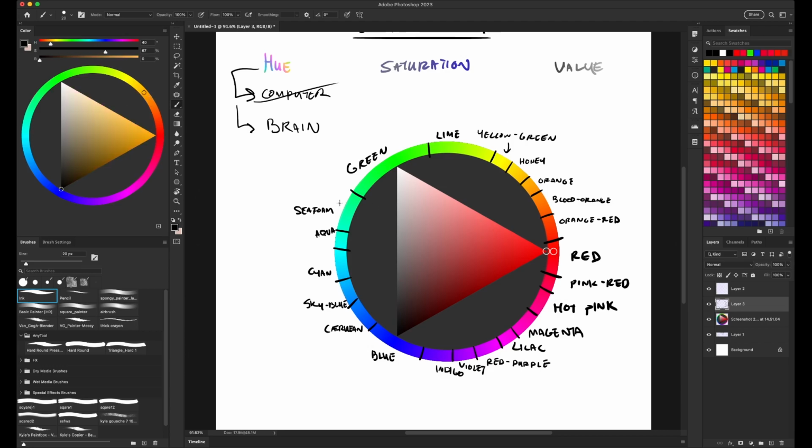For example, you can't really consider all of this to be green because this and this are intensely different hues. Further, I wouldn't really consider necessarily all of this to be in the same color family because these are all very different from each other.